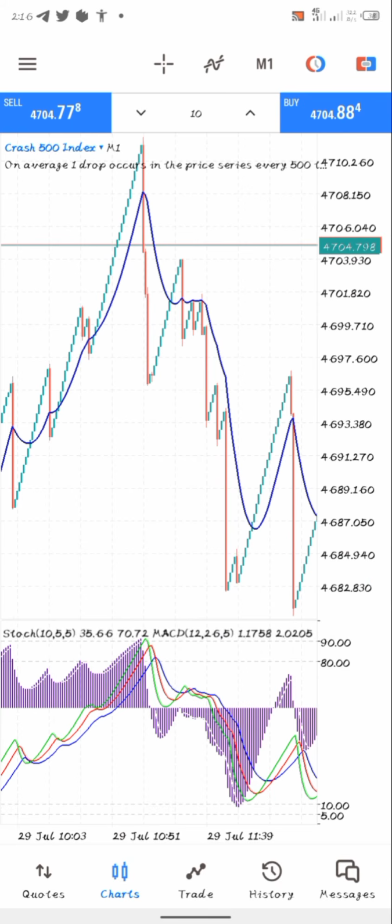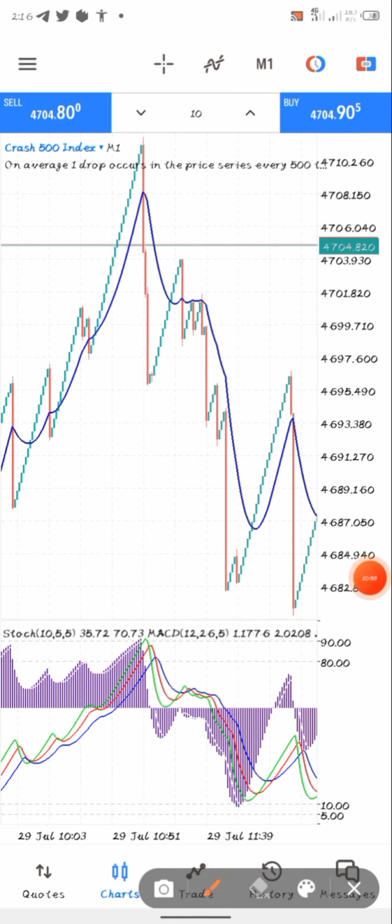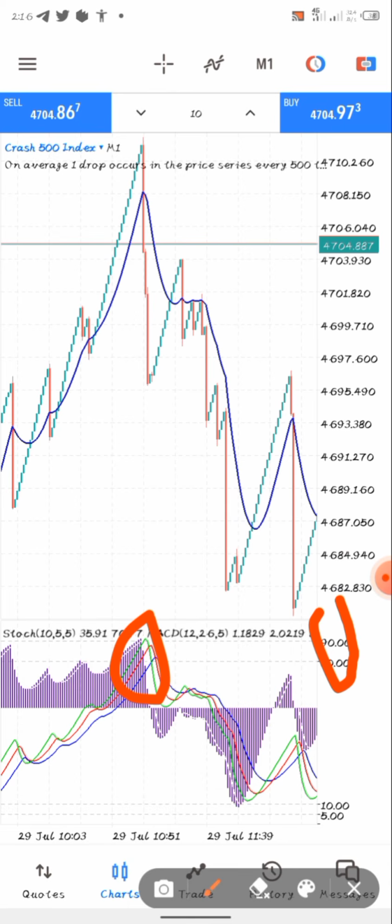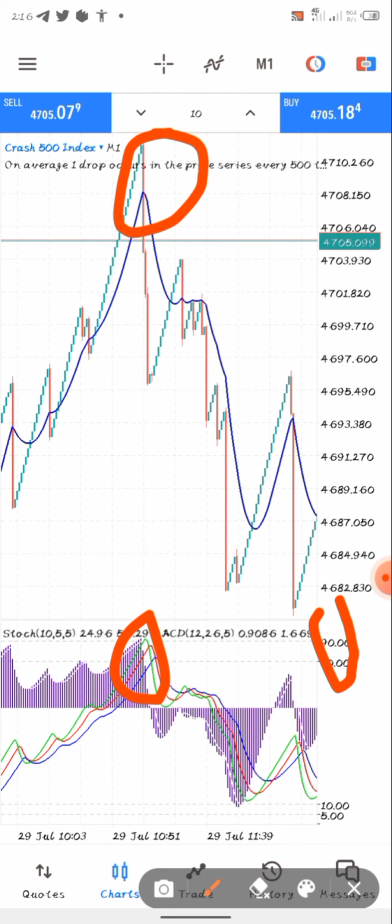You have to wait for your alligator to touch 90 to 80 levels of the stochastic oscillator, and then you wait for the MACD to also touch the stochastic oscillator and increase in volume. Then you catch your spike, as you can see right here.